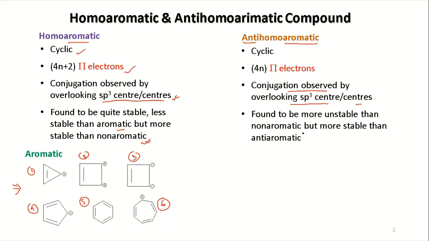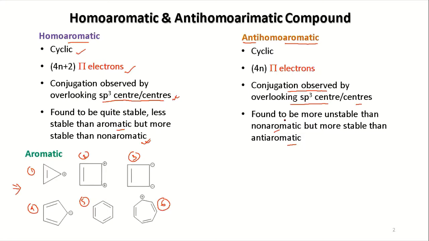Stability-wise, it is definitely more stable than anti-aromatic, because anti-aromatic is the least stable compound, but it is less stable than non-aromatic. So non-aromatic is more stable than anti-homoaromatic compound, but anti-homoaromatic compound is more stable than anti-aromatic. So these are the things.